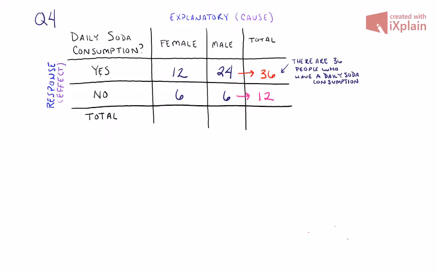Now we can start totaling out the columns. For the column underneath female, we'll get 18. Really what this means is that there are 18 females in the survey.